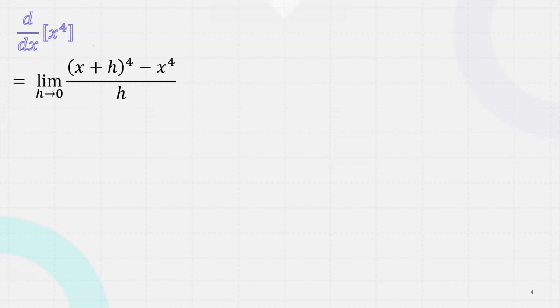And if you expand out x plus h to the fourth power, that would be x plus h times x plus h times x plus h multiplied by another x plus h, right?